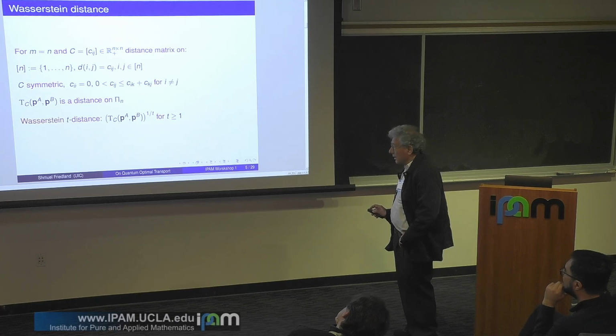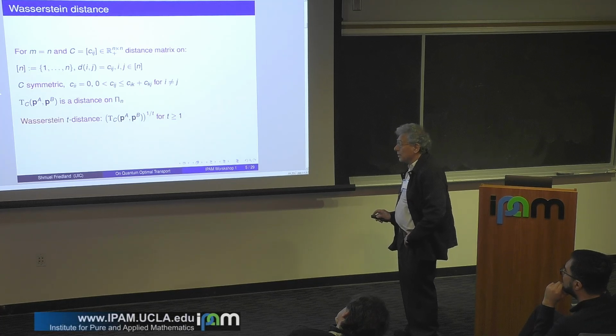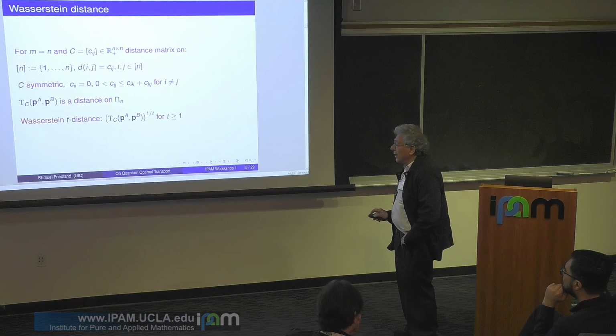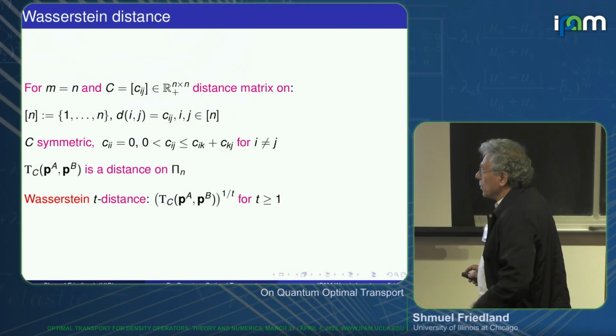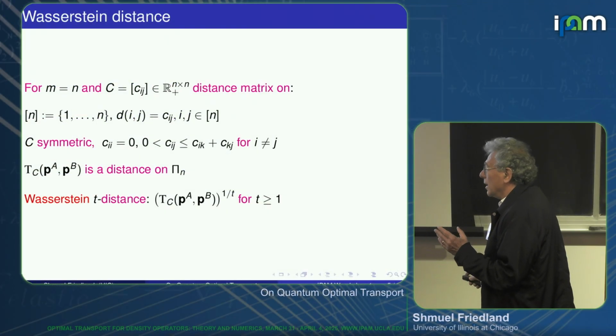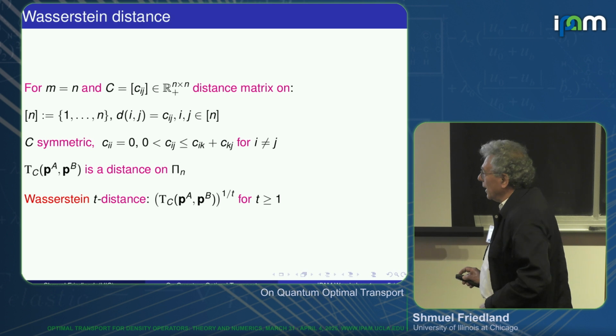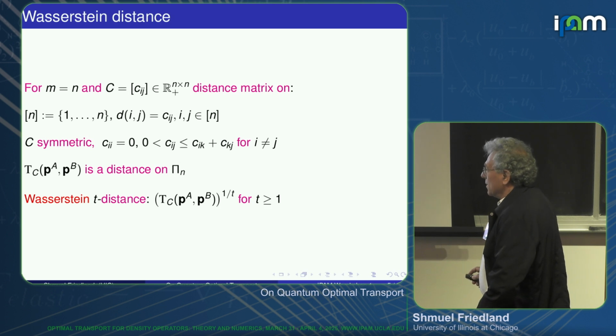So if you have a cost like that, then one can show that this T_C(P_A, P_B) is a distance on the probability simplex. And the Wasserstein distance, which Wasserstein introduced some time ago, of course in the continuous version, and we are now just doing it like that.